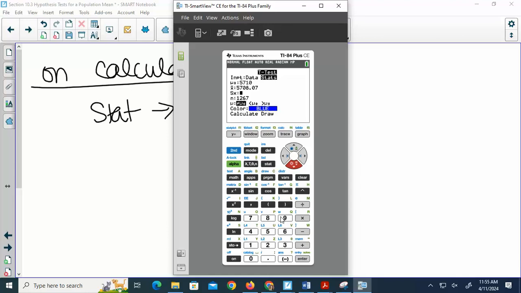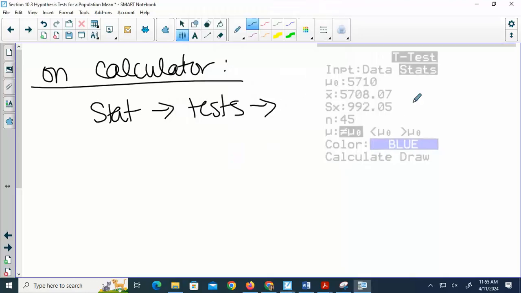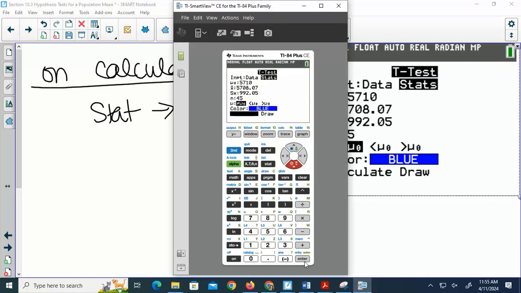It said the standard deviation was in. How many were in our sample? 45. What were we testing? Not equal. And then if we go to calculate, I'm going to drag this over here so people watching the video know what we did. Okay.